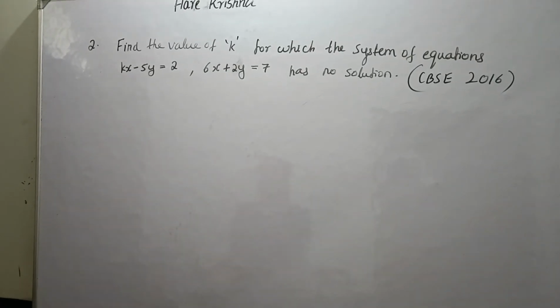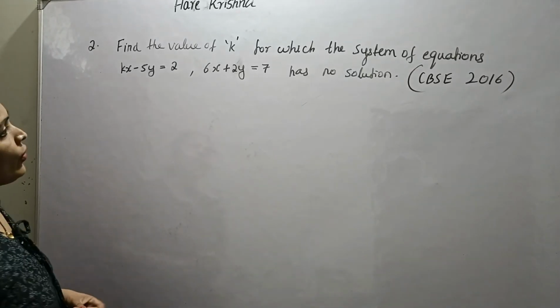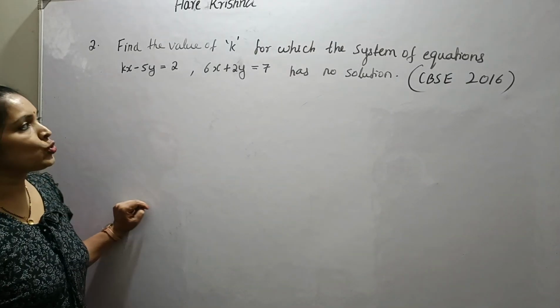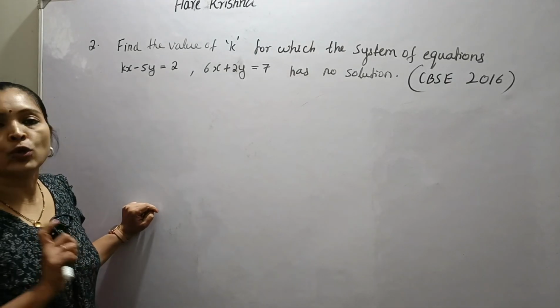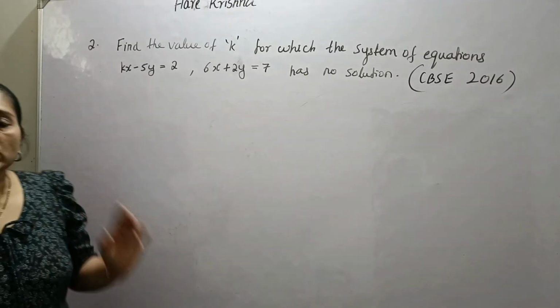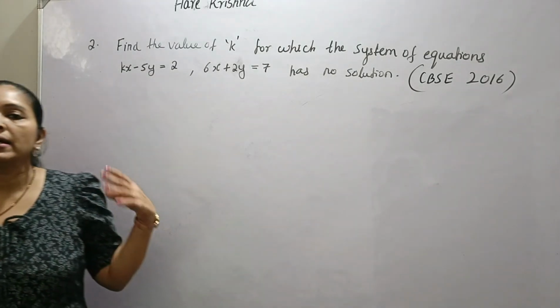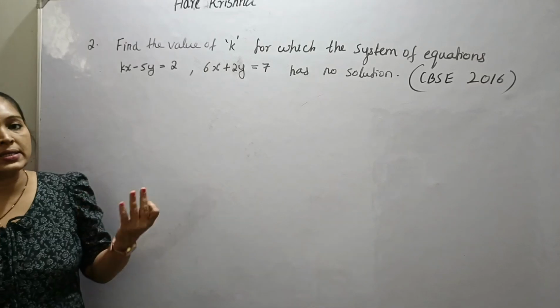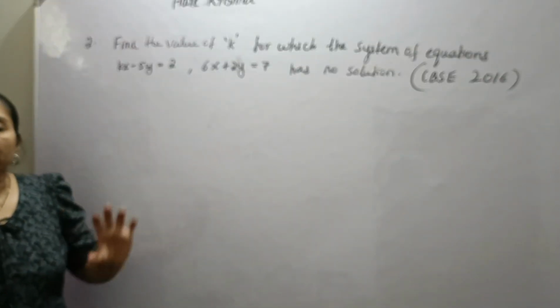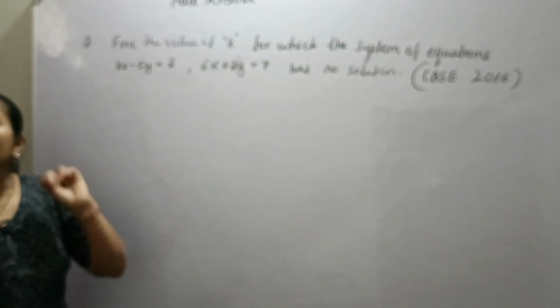Look at the second question. Find the value of k for which the system of equations kx minus 5y is equal to 2 and 6x plus 2y is equal to 7 has no solution. We know that if the equations have no solution, then the pair of equations is inconsistent, right? And the two lines are parallel.